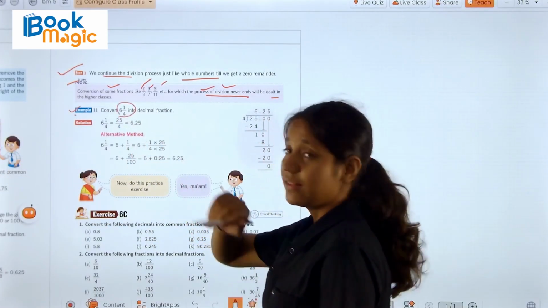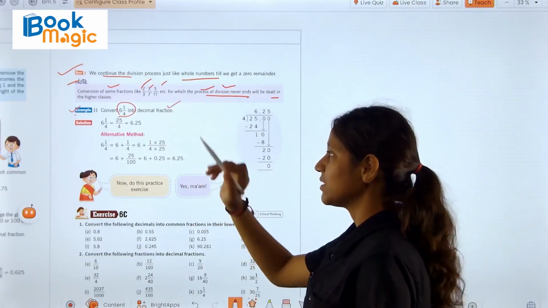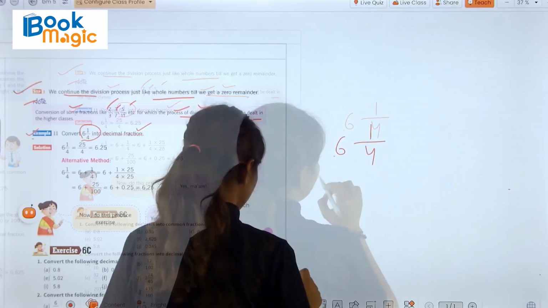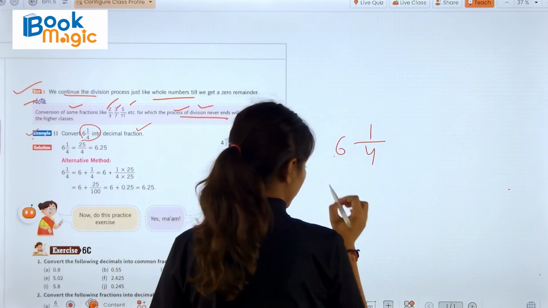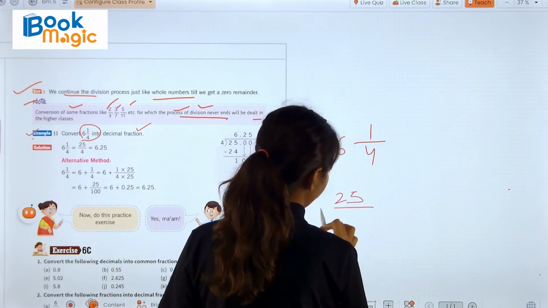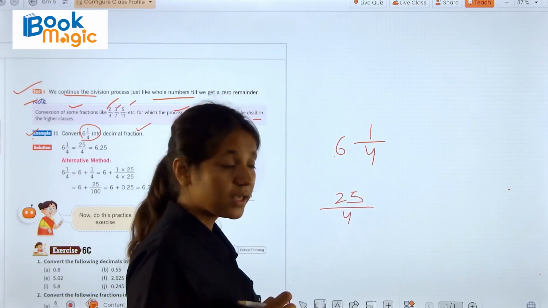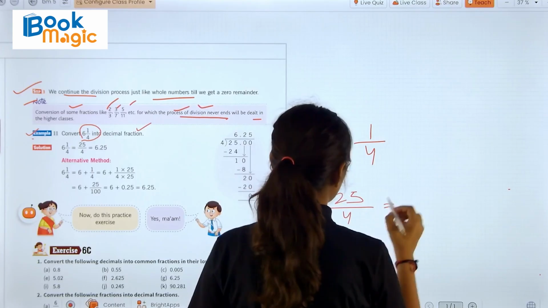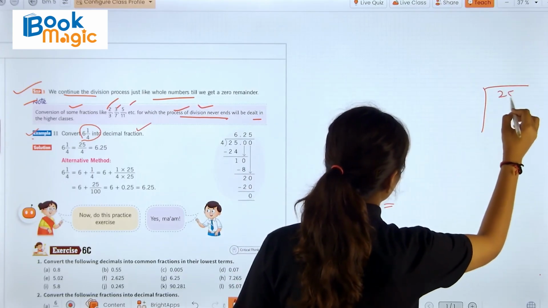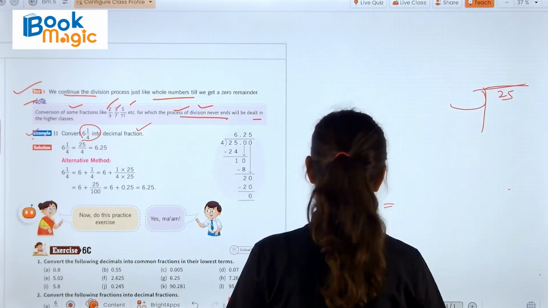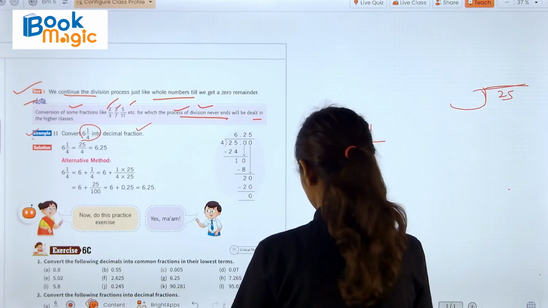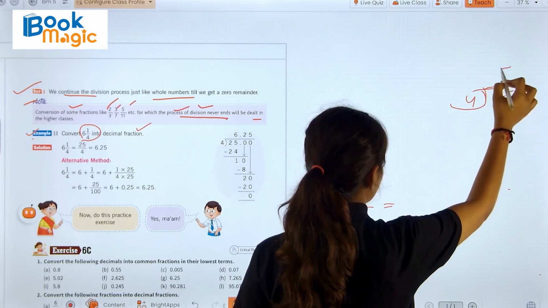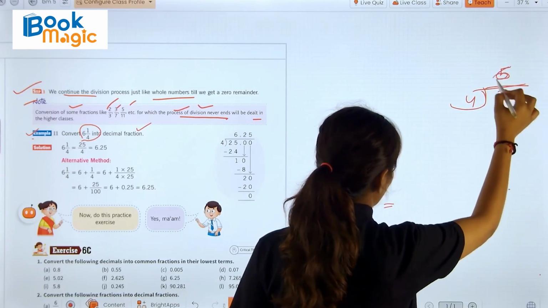We have example number 11. Convert this mixed fraction into a decimal fraction. So firstly we write the number 6 1 by 4. Now 6 4s are 24 plus 1 is 25 by 4. Okay, 25 by 4. So after dividing, what are we getting? 4 4s are 16, 4 5s are 20, 4 6s are 24.